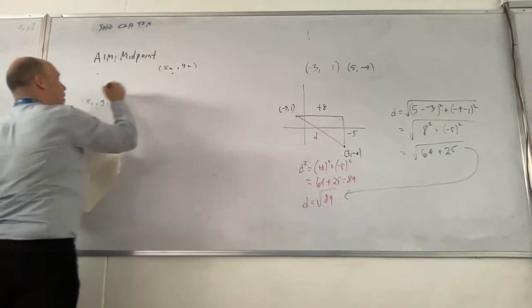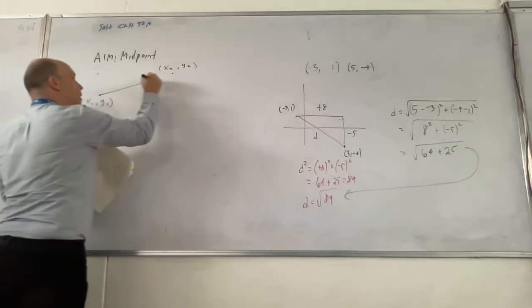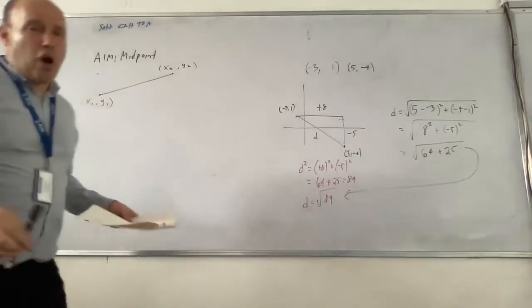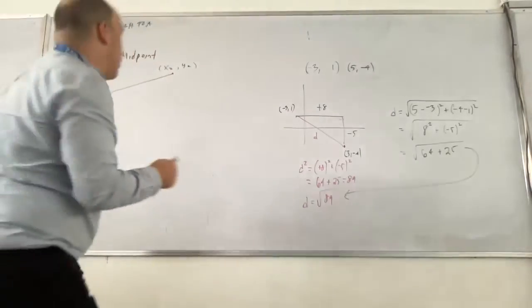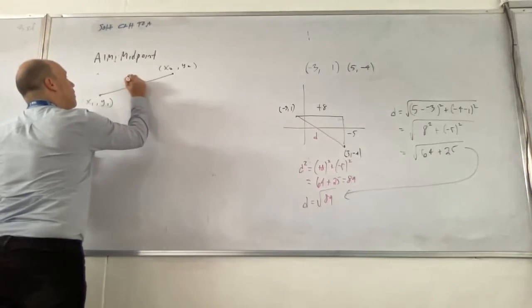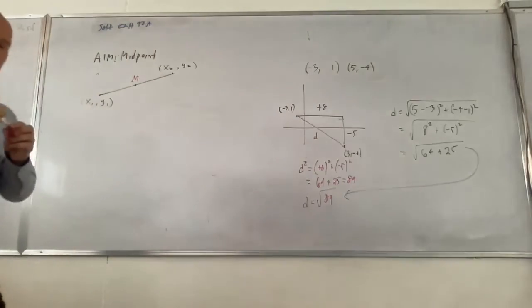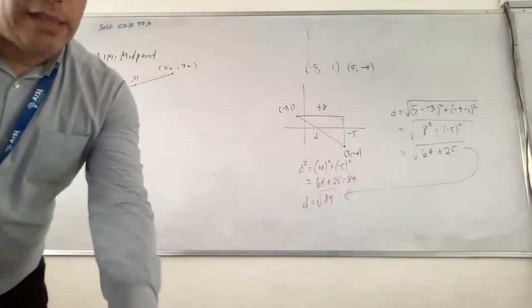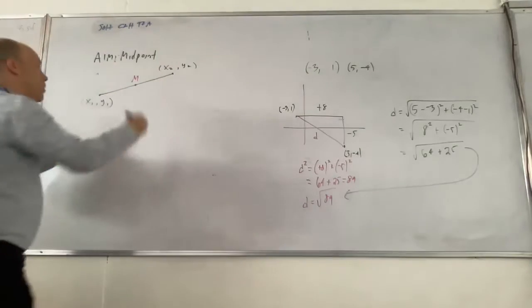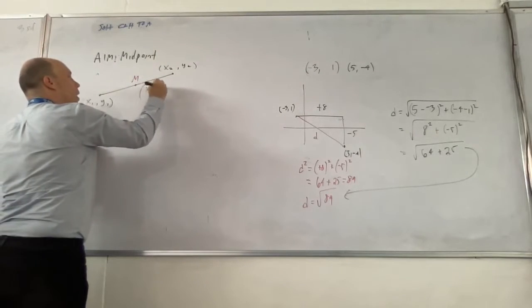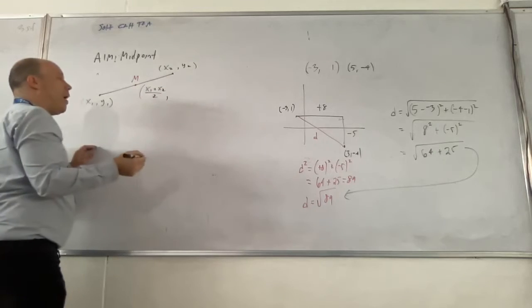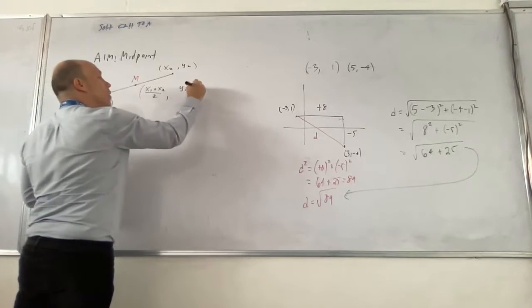We have a point, we have a journey. I want to know what the middle of that journey is. What is this middle? What is this m? Well, we have a formula for the midpoint. It's the average of the x's, comma, the average of the y's.